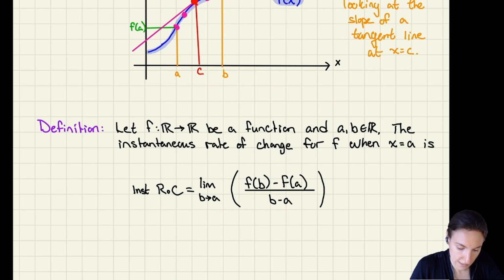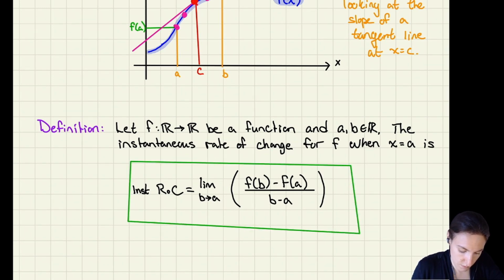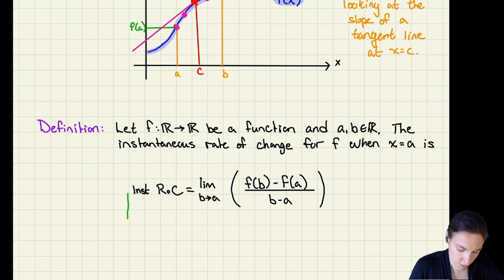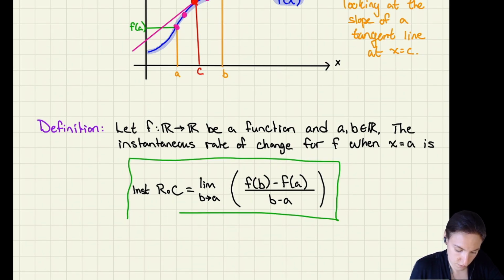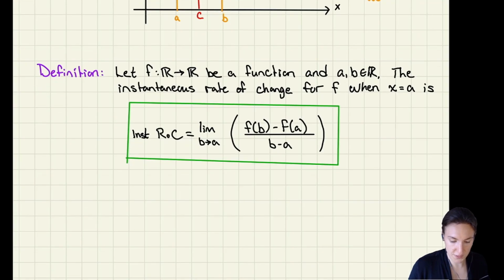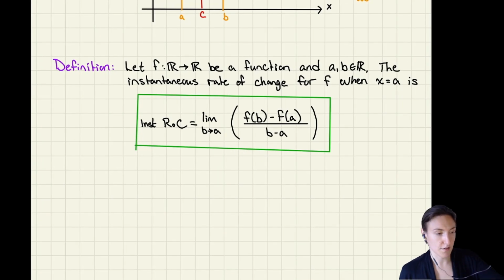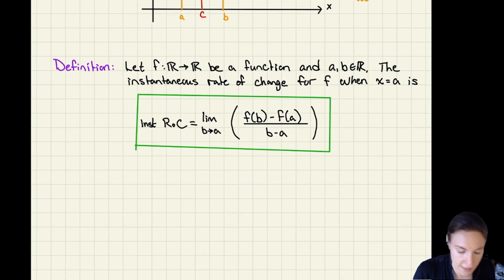And we're going to put a big green box around this, because you will need to know it. So this is one way we can define it. The way that you've probably seen it is using the h.